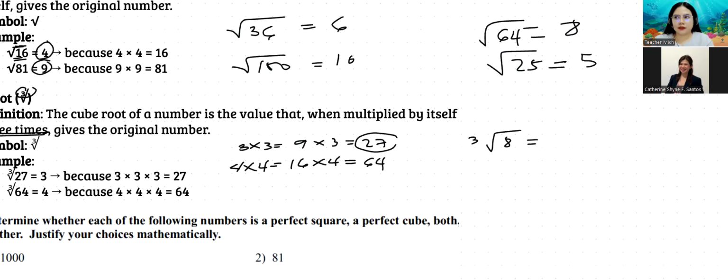Let's try 4. So we have here 4 times 4 that is equal to 16. Oh, that's more than 8 na. So therefore 4 is not the answer.